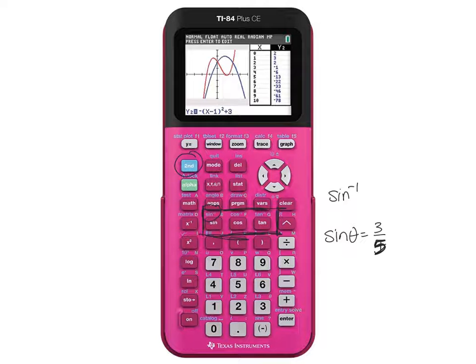This isn't sine times theta. You don't undo it by dividing. This is the sine of theta. So to undo it, we have to hit this sine to the -1 button, and you would just put 3 divided by 5 in it. That's what theta actually equals. That's how you isolate the theta.